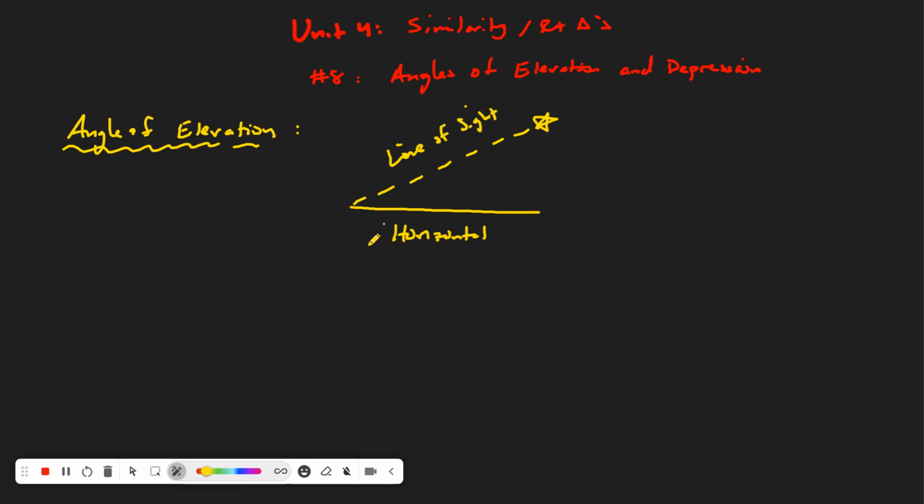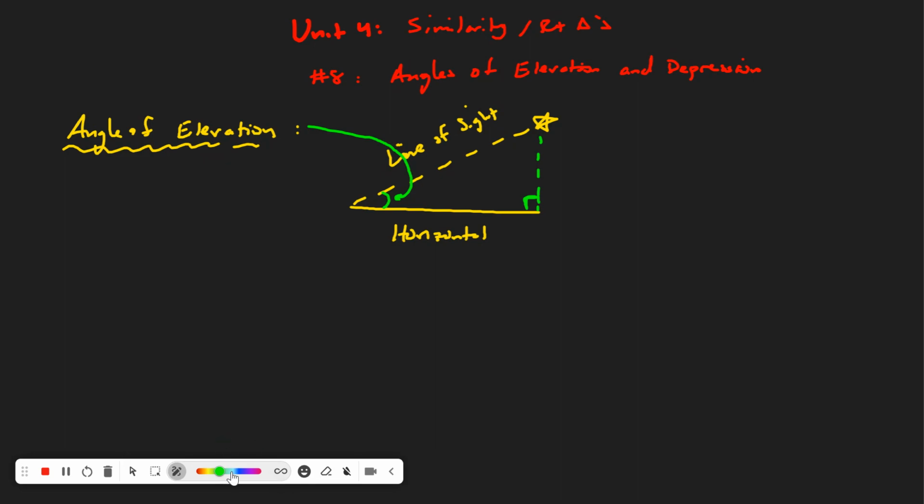This space right here is where the angle of elevation is, that angle right there. Now notice if I drop a vertical from this object down to the ground, I create a right triangle. And angles of elevation and depression are right triangle applications. So again, we will use trigonometry to solve something about this word problem.